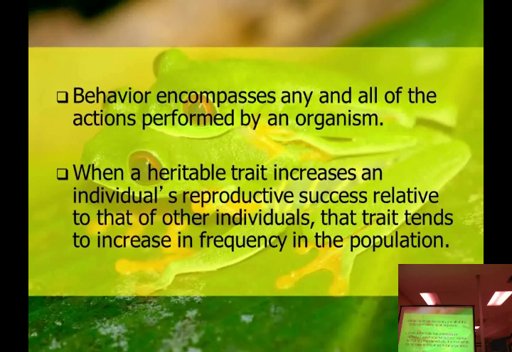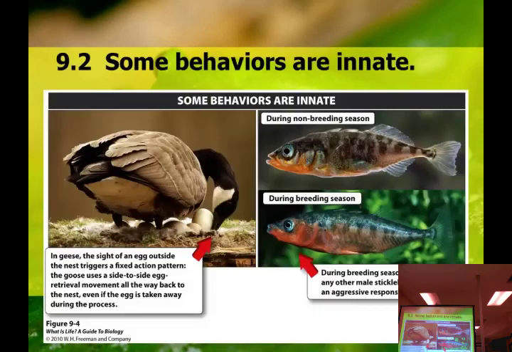So if whatever it is that you're doing makes it so you can pass along more of your genes to your offspring, and those offspring make it, and they survive and then can pass those genes along to their offspring, then that's going to increase in frequency within the population.